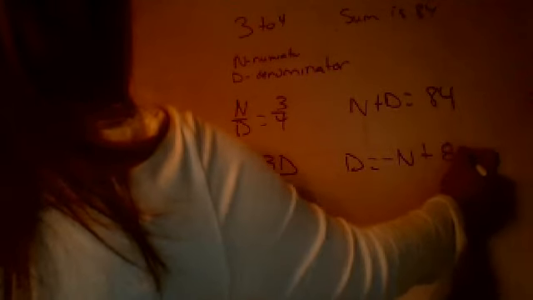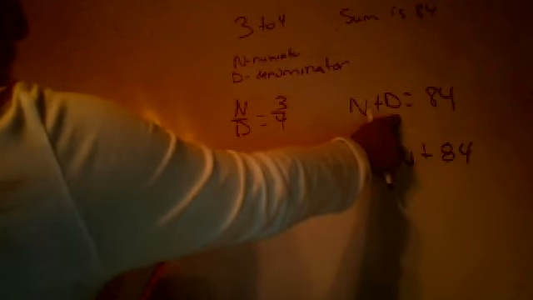So don't we have two equations? And can't we change this one to say d equals negative n plus 84, or 84 minus n? All I did simply is I solved for d. So now we have a system of equations. So can't I do substitution and substitute this in for d? So I can say 4n equals 3 times negative n plus 84. And I simply solve for n. I want to find the numerator.